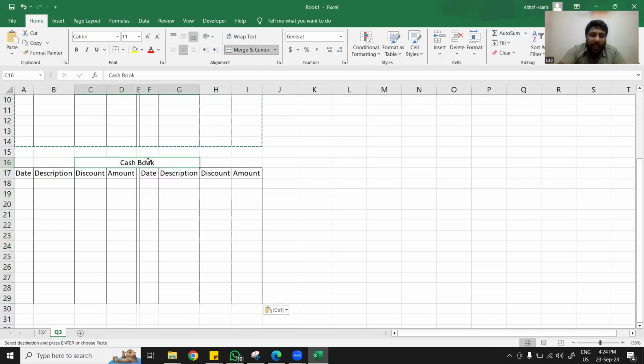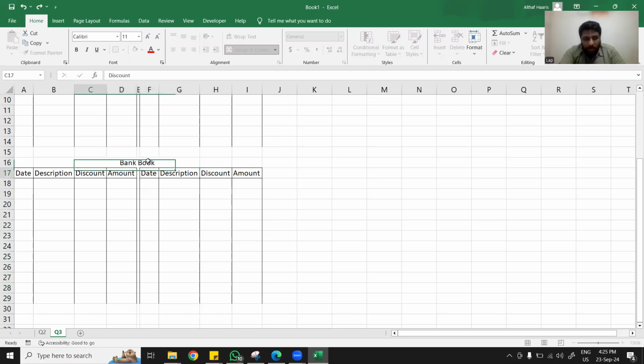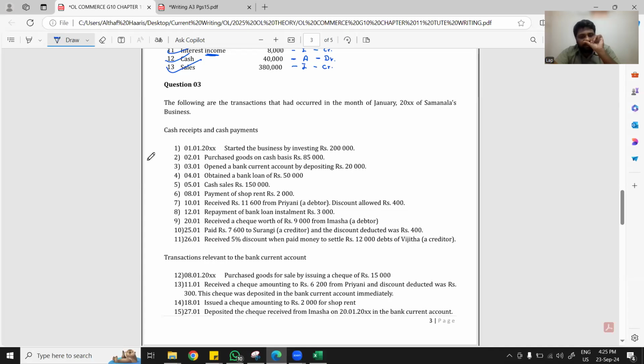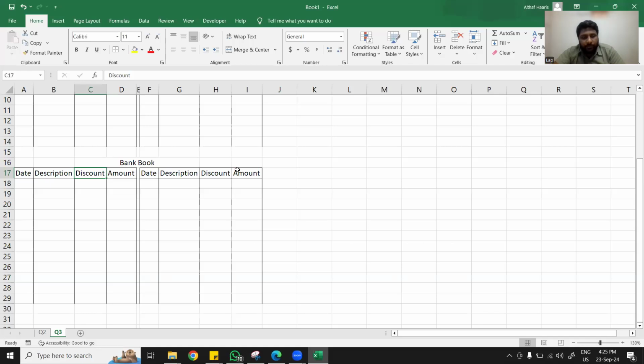You prepare the bag book also. For the bag book, I would say maybe six lines, 1, 2, 3, 4, 5, 6.